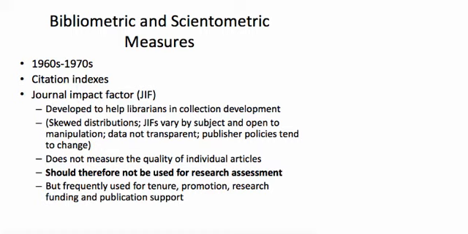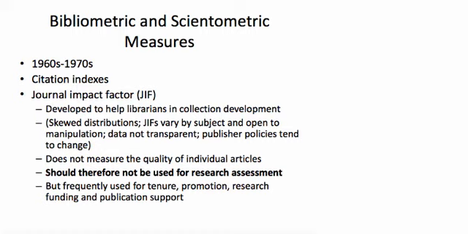It was not intended to measure the quality of individual articles, but rather the whole journal titles. As we have seen earlier, the distributions of, for instance, authors in terms of number of papers, or the number of papers in journals, prestigious journals, are all skewed.